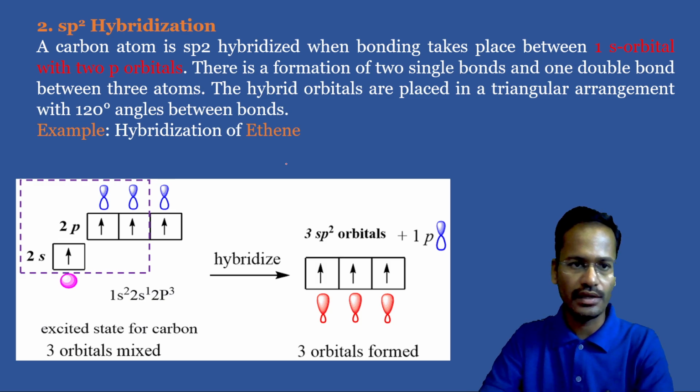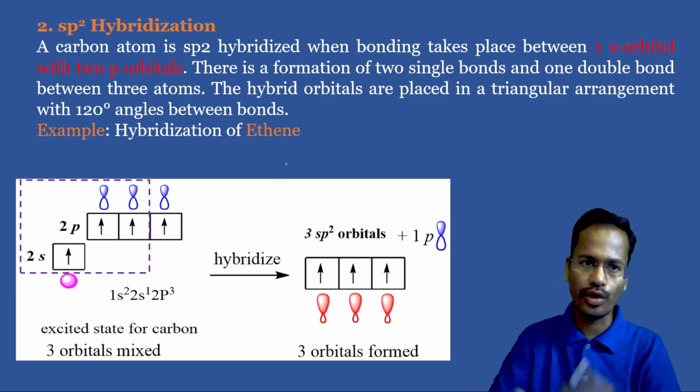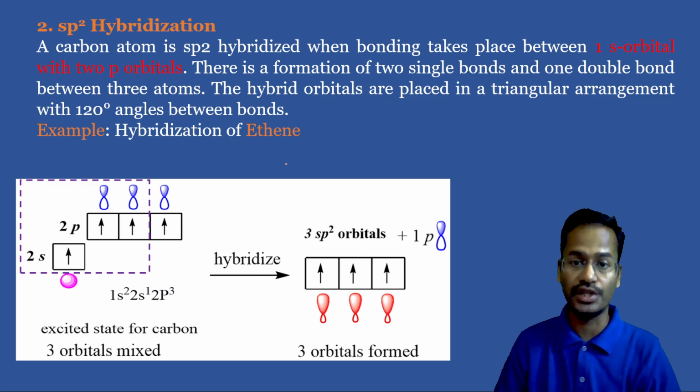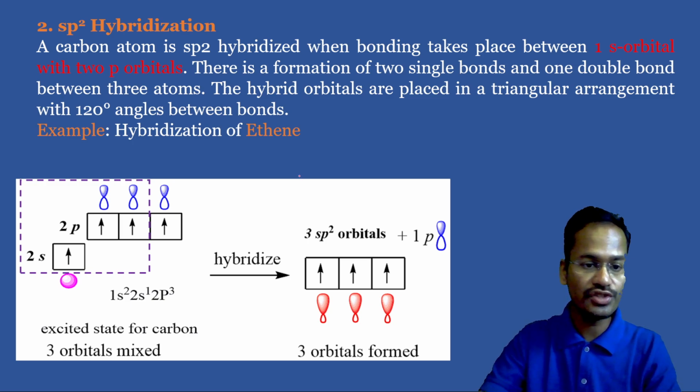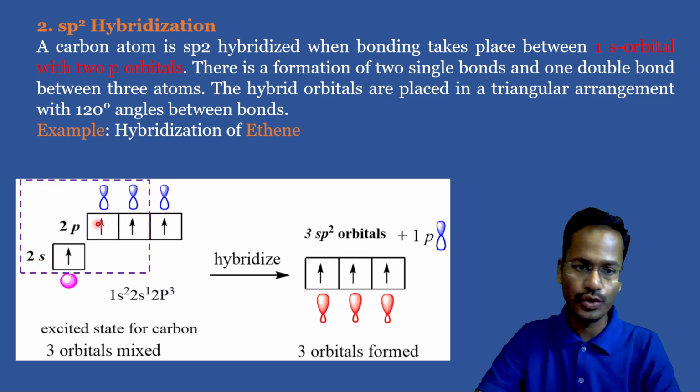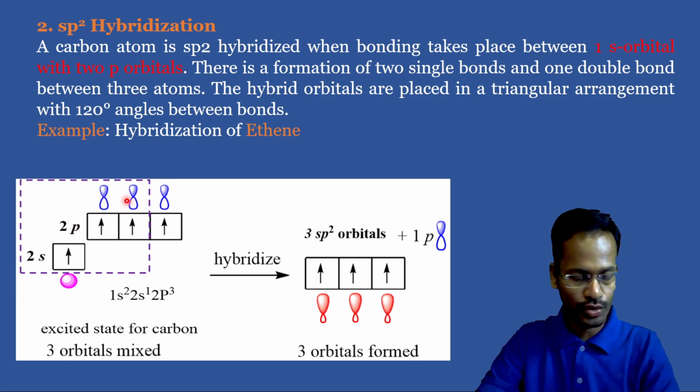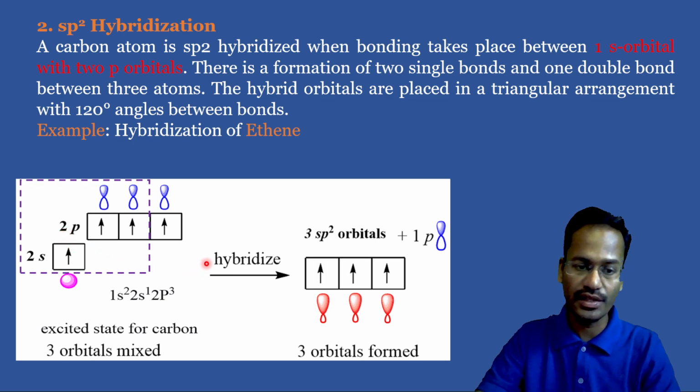And now let us come to the next type of hybridization, that is sp2 hybridization. Here you can see three orbitals were participating in hybridization. That is one orbital from 2s and two orbitals from 2p, that is 2px and 2py. Total three orbitals are participating in hybridization to form three hybridized orbitals.